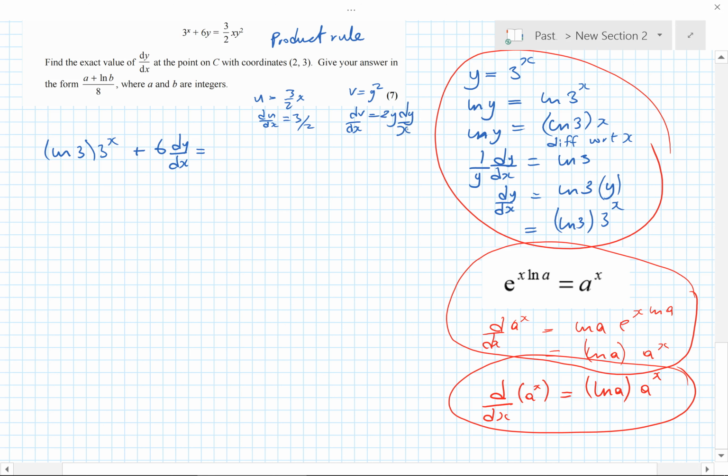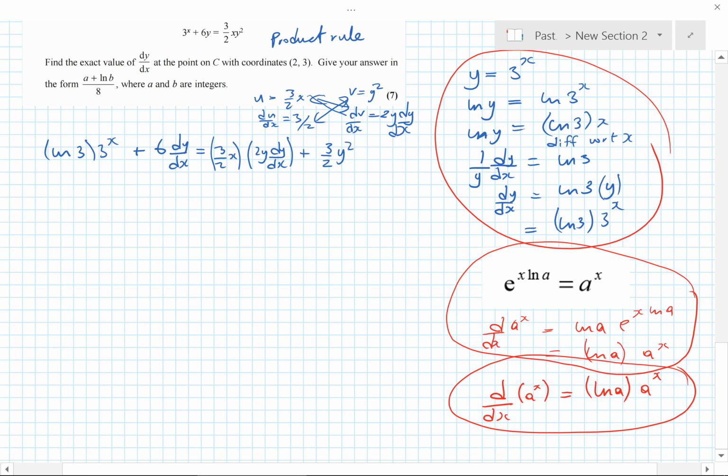And because you're doing the product rule, we're multiplying that by that and that by that. I'm just going to write that in here. We've got 3 over 2 x times by 2y dy by dx. That's that by that. Plus 3 over 2 y squared.